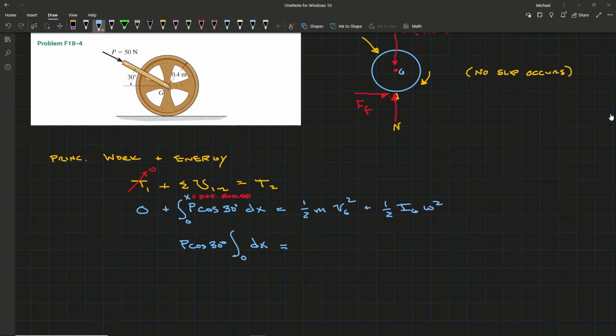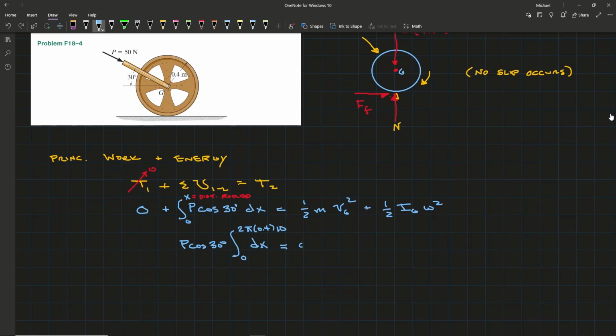a circumference. One revolution is going to be 2 pi r, or 2 times pi times 0.4, and then we're going to do that 10 times, so times 10.